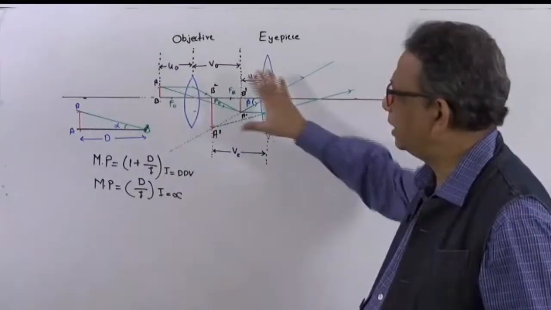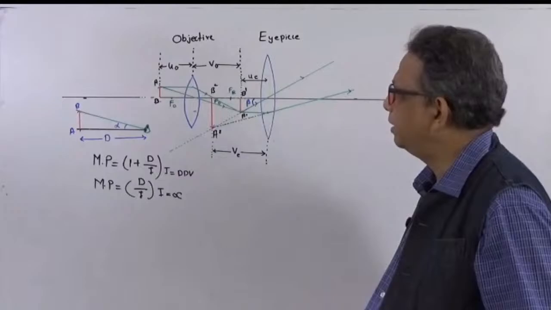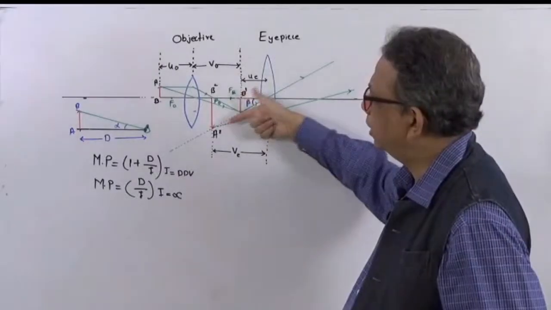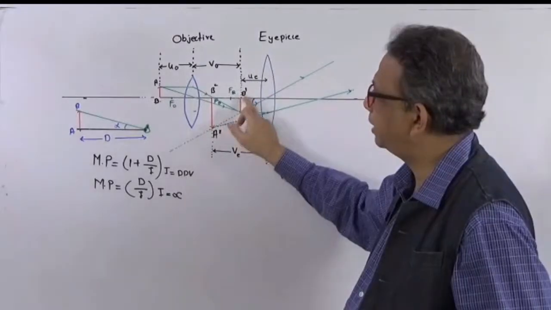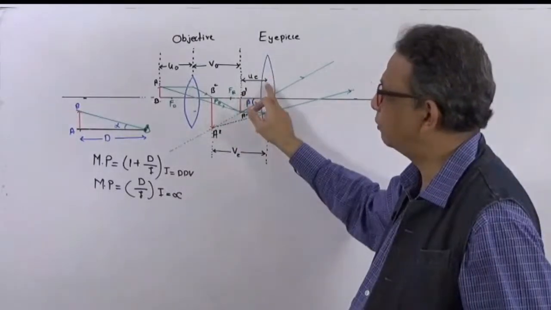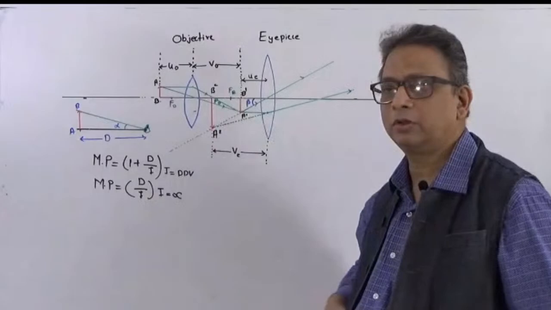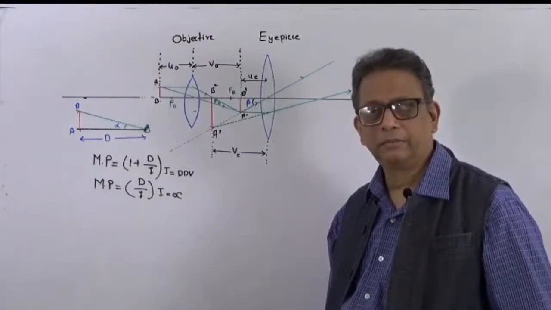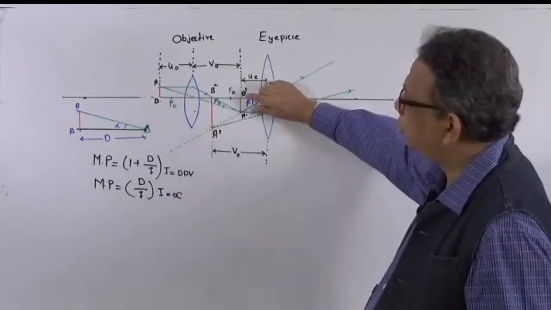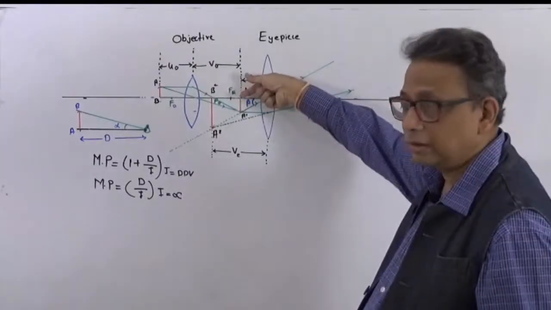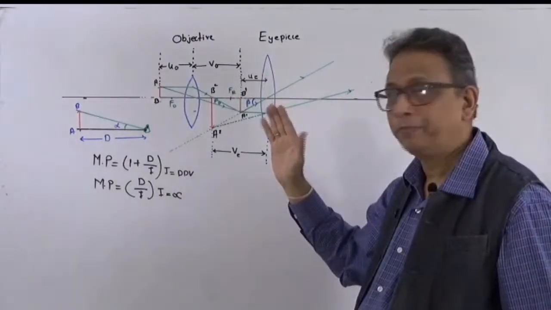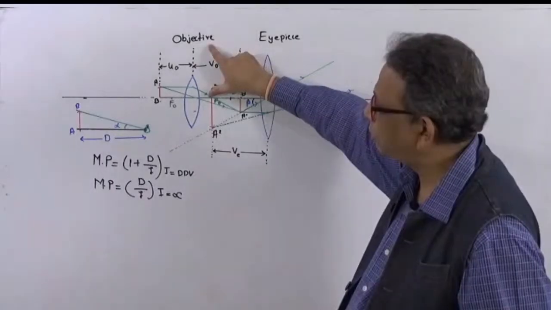Now here probably you might be thinking that this image is virtual, formed on the same side. This object is on the left hand side of this lens. The image is also formed on the left hand side of that lens. So what is this basically? Up till now we used to show an erect object in front of the lens between the focal point and the pole, and the image was also erect.